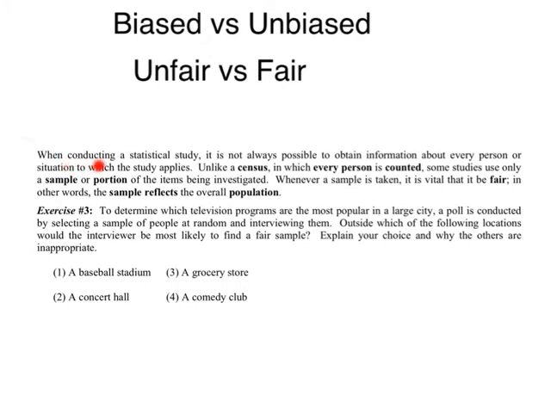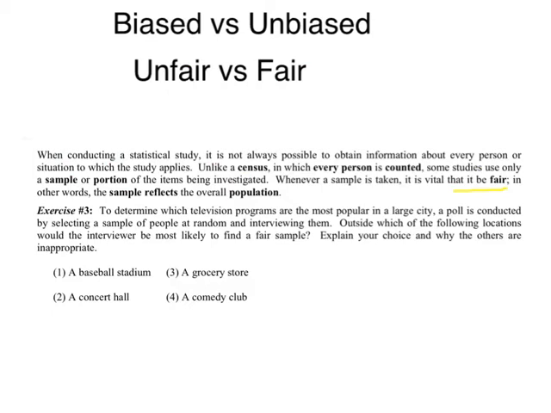It says, when conducting a statistical study, it is not always possible to obtain information about every person or situation to which the study applies. Unlike a census, in which every person is counted, some studies use only a sample or portion of the items being investigated. Whenever a sample is taken, it is vital for it to be fair or unbiased.